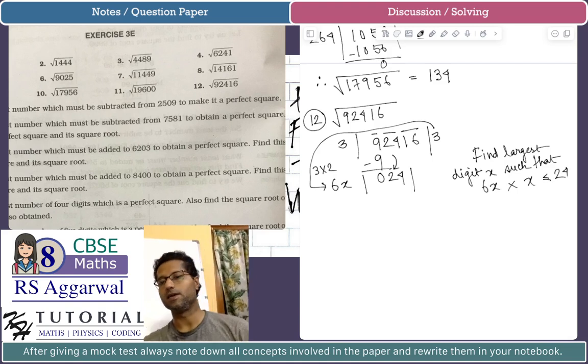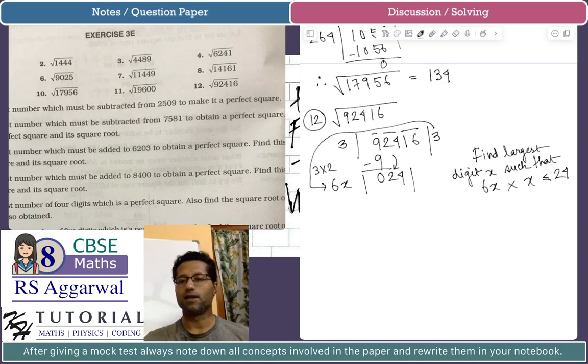And definitely we can see that x has to be 0. x cannot be 1, because if x is 1, 61 multiplied by 1 is 61. It is crossing 24. So this implies x is definitely 0.